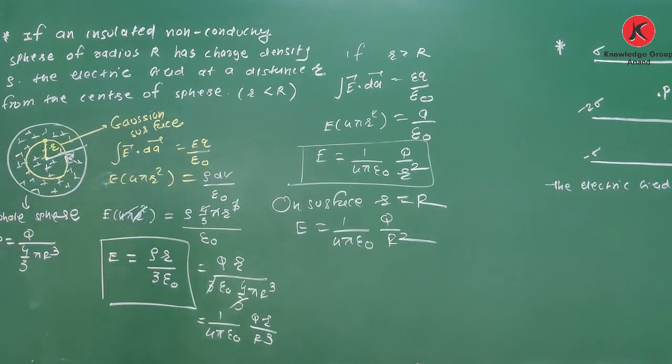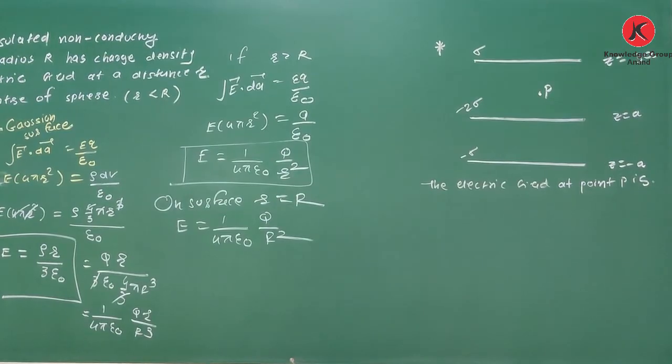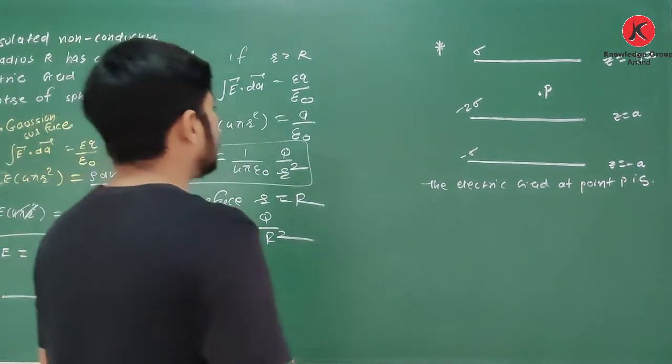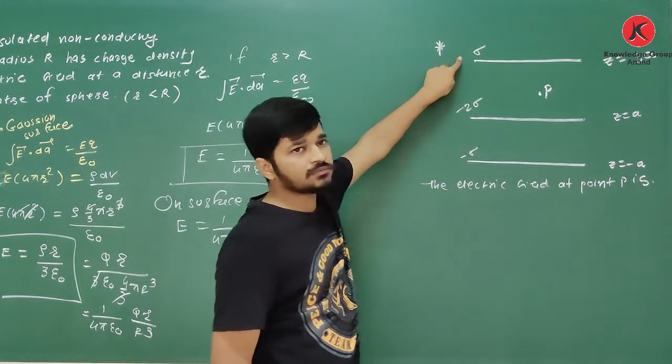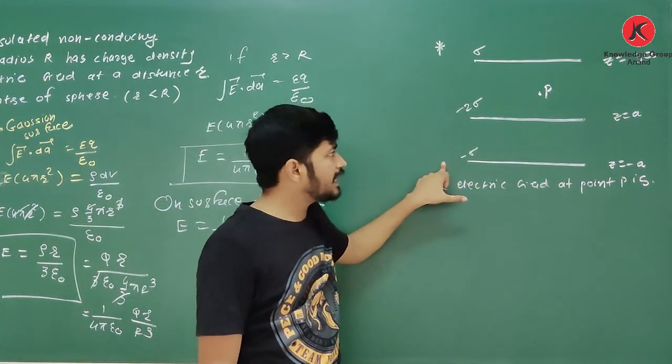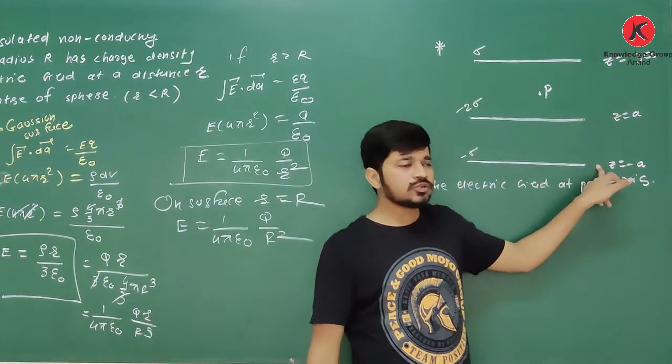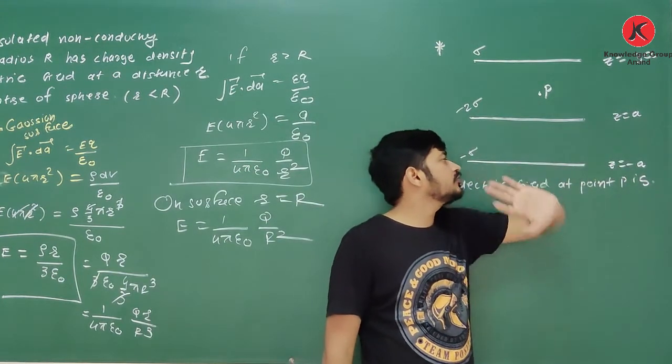Okay. Now next question. You are given 3 infinite plane sheets having surface charge density sigma, minus 2 sigma and minus sigma, at z equal to minus a, z equal to a, and z equal to 3a.